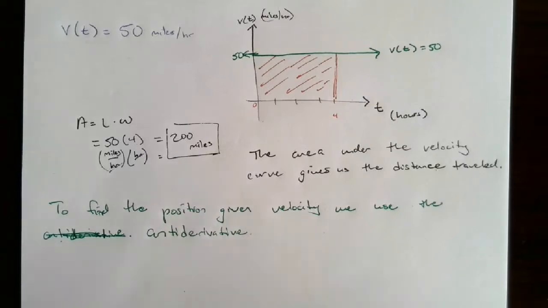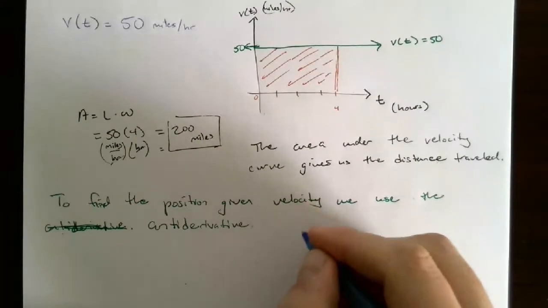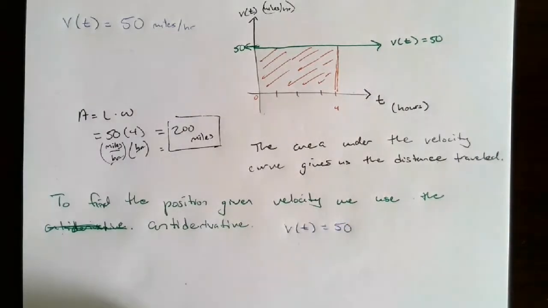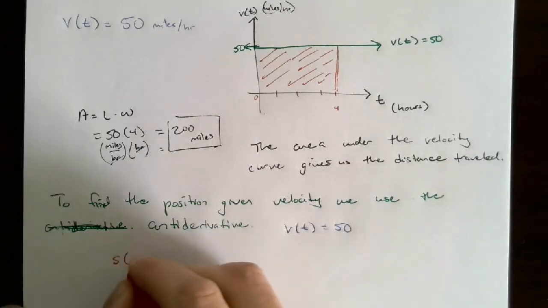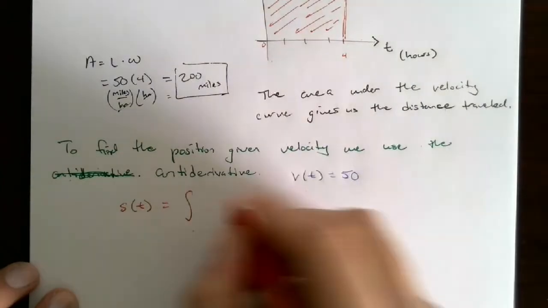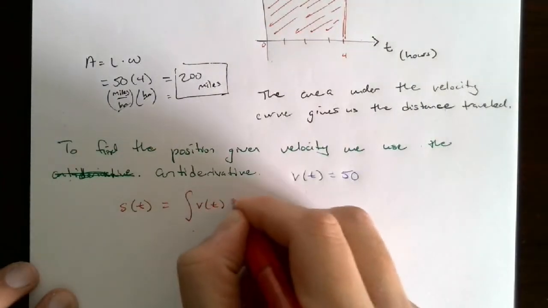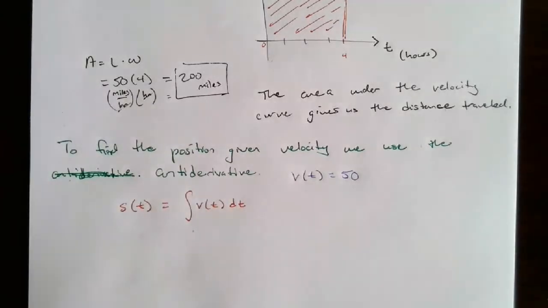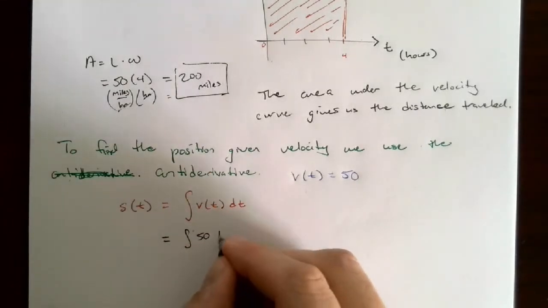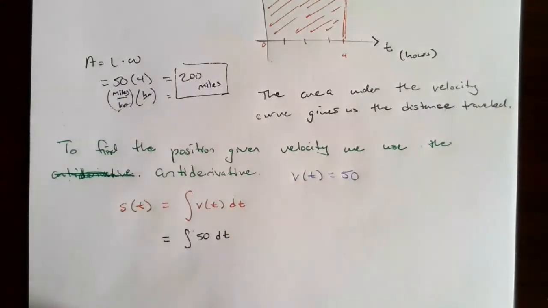So if I knew that v of t, which I just mentioned above, v of t equals 50, right? And that's in miles per hour. If I wanted to find the position function, remember we called that s of t, that's equal to the integral of v of t dt, the antiderivative. And then taking the antiderivative here, this will be equal to the integral of 50 dt.